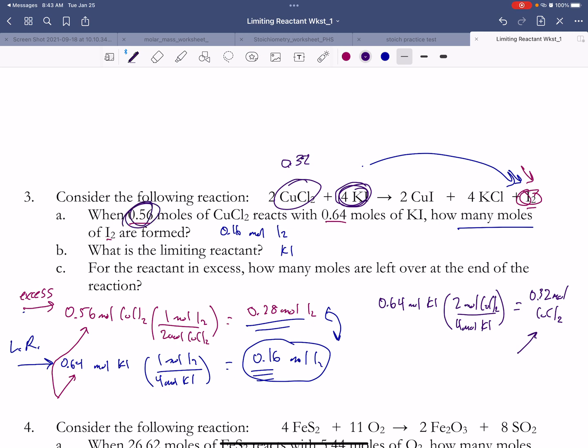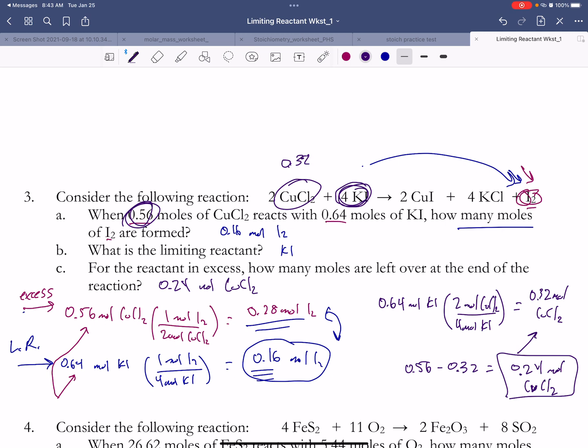So how much do you have left over? Well, it's the leftovers. You started with 0.56 minus 0.32, and what's left over is 0.24 moles of it. Again, let's not overthink this. This is not complicated stuff. Just think logically, right? So how many moles are left over at the end? 0.24 moles of copper chloride.